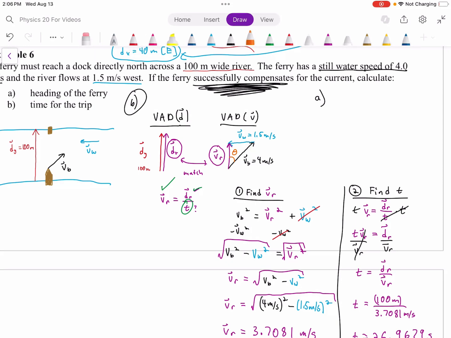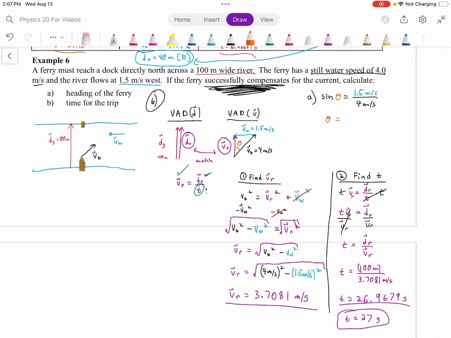Opposite, hypotenuse, that makes me think of sine. Therefore, theta will be the inverse sine of opposite over hypotenuse, 1.5 over 4, giving me that theta is 22 degrees. And in this case, it would be east of north. East of north. All right.